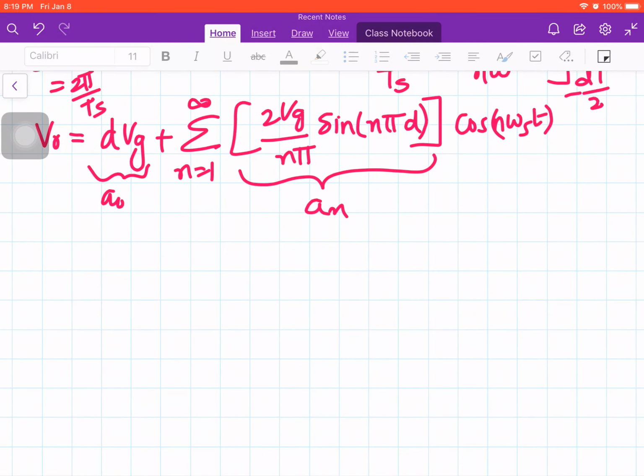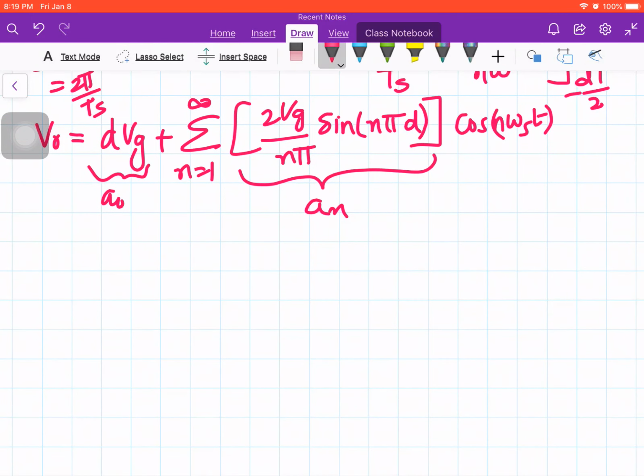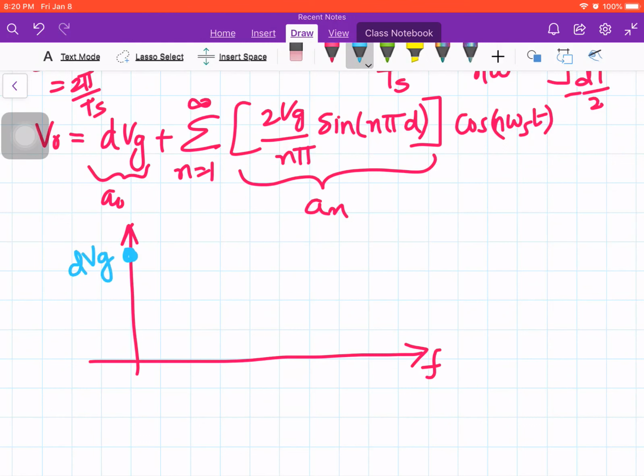If we draw the spectrum of this particular expression, the Fourier coefficients and their magnitudes on the frequency axis, we surely have a component of d into Vg, and similarly the other components are at omega s and n omega s.